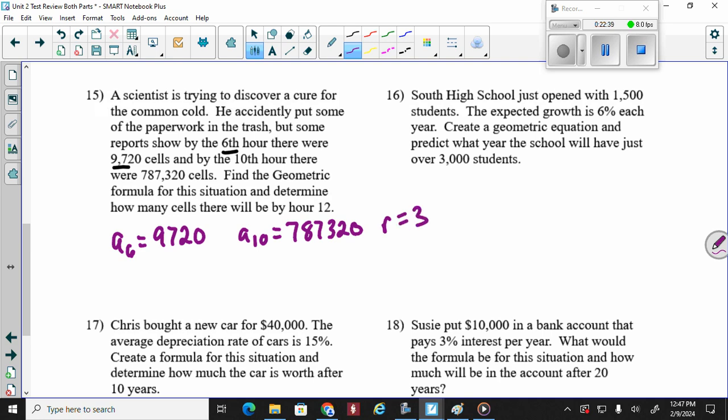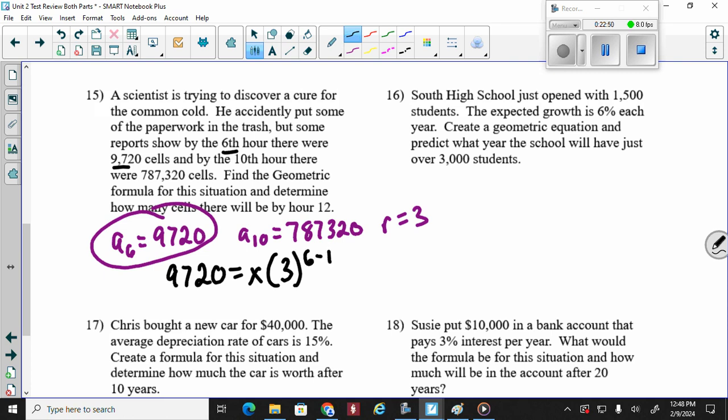I'm skipping steps, but you should know what I'm doing because we've done it numerous times. So 3 to the 5th power, and that should be 9720 is equal to 243x. So 9720 divided by 243. Yep, my first term, x is equal to 40.